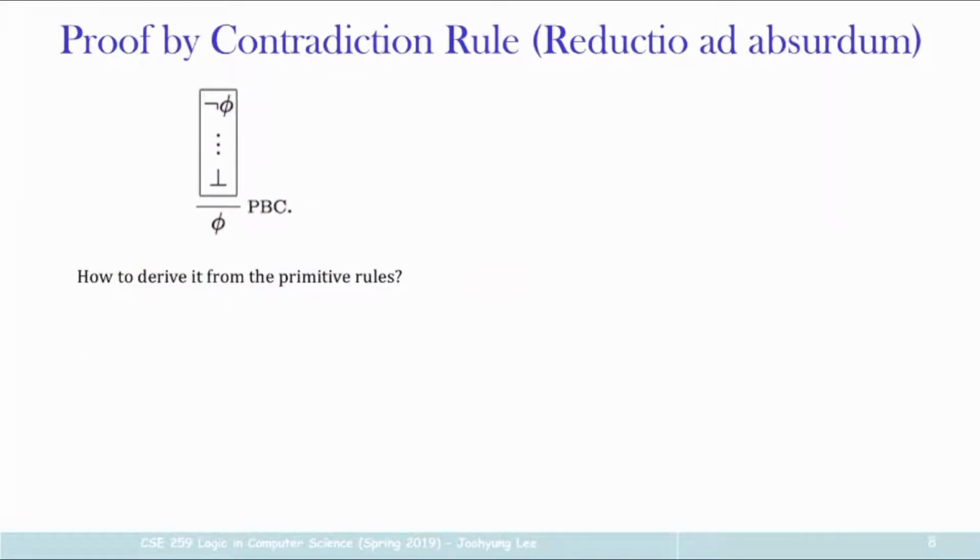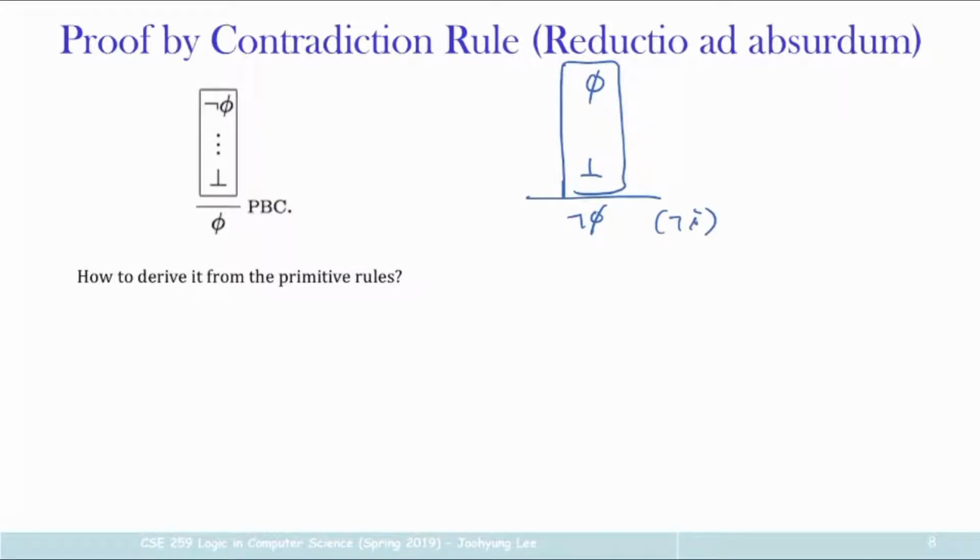All right. So the other rule is the proof by contradiction rule. And we saw a rule similar to this before. That was when you assume phi and derive bottom, what can you derive? The negation of phi. So this is the negation introduction rule that we just used in the previous slide.